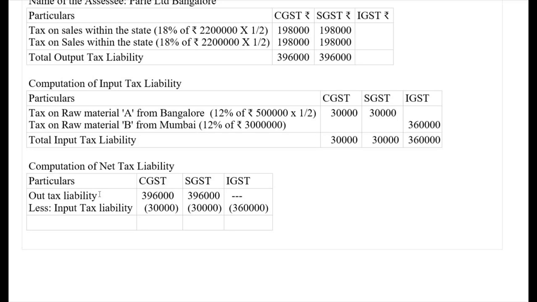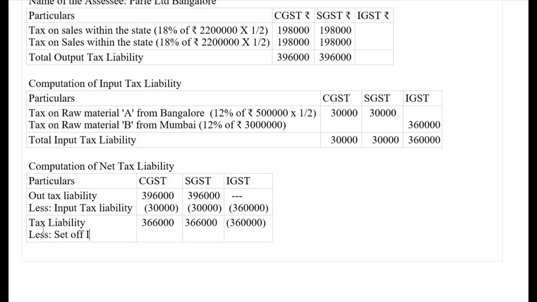That is 3,66,000. Here it is 3,66,000. So now here the dealer can enjoy input tax credit of 60,000. So the tax liability here less set off of input tax credit.